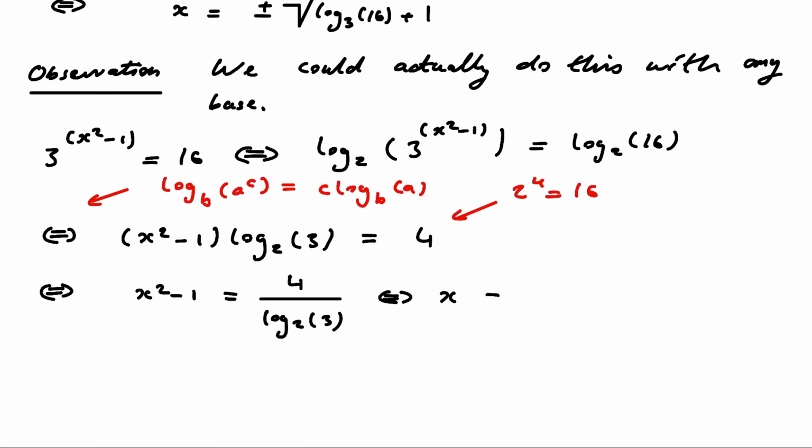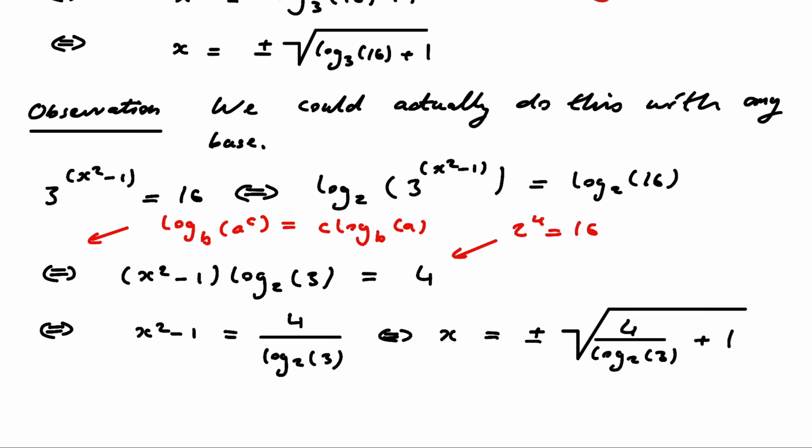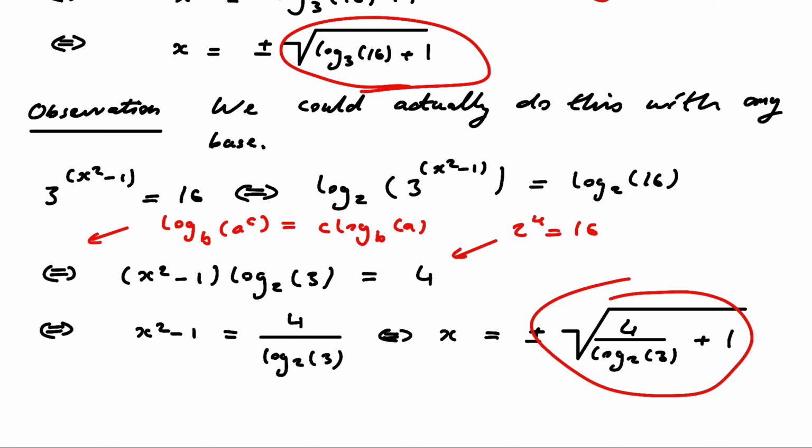So x now is going to be equal to, exactly the same logic as before, plus minus the square root of 4 over log to the base 2 of 3, plus 1. This is a bit more of a mess, this way of doing it, but it's not wrong. So this and this are actually completely identical. It's not obvious they are, but that and that are exactly the same. Like I said, it's not totally obvious, but it is true.